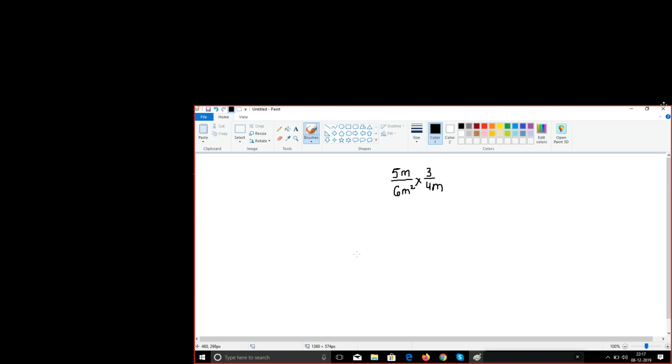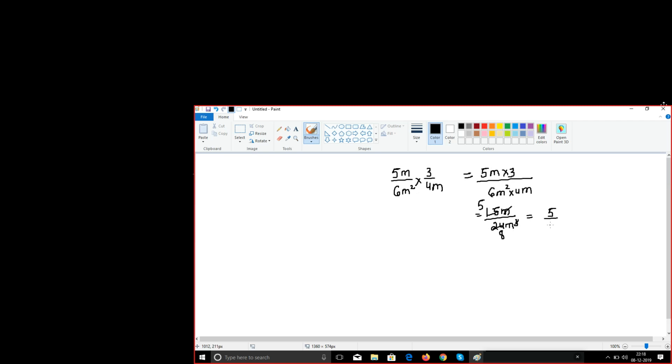So there are basically two methods. First, just multiply numerators and denominators. It's 5m times 3 divided by 6m squared times 4m, and then it's 15m divided by 24m cubed. Then cancelling out, it's m squared, and by 3 I'll get 5, and this is 8.